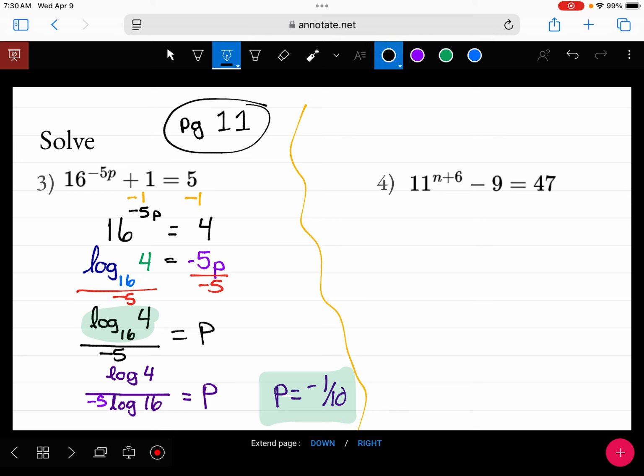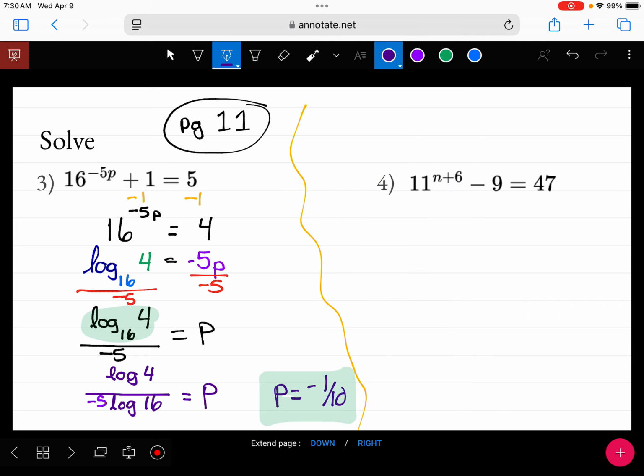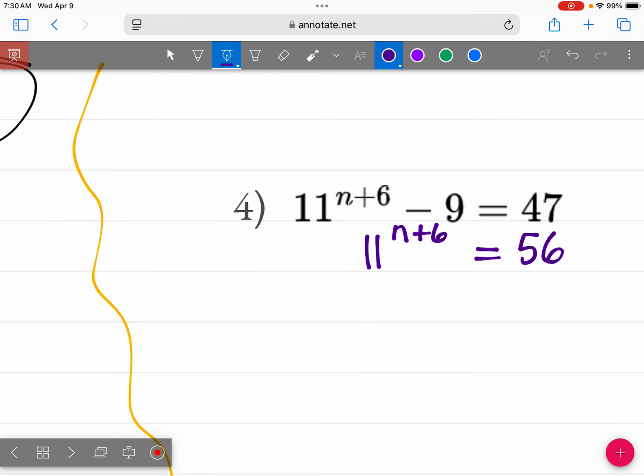Add 9 to both sides. That is going to give me 11 to the n plus 6 equals 47 plus 9, which is 56. What do we do next?